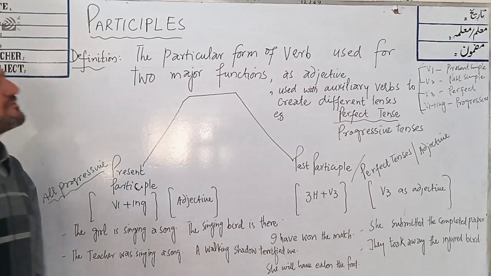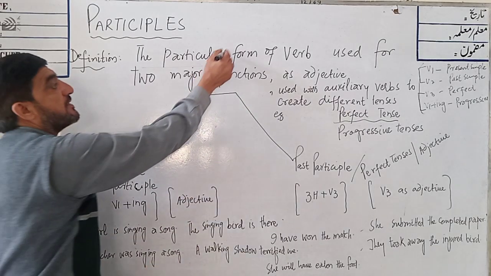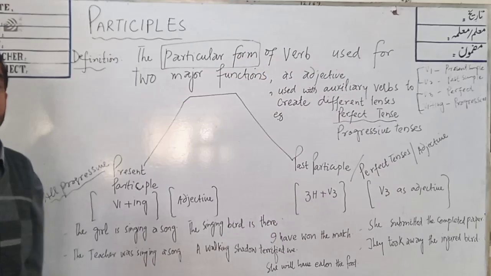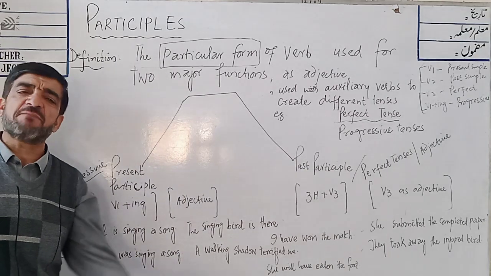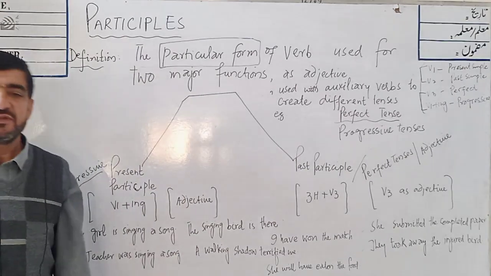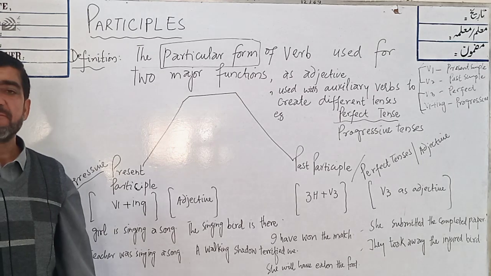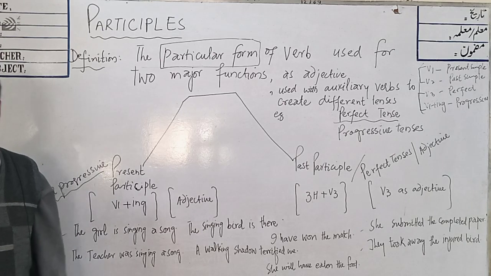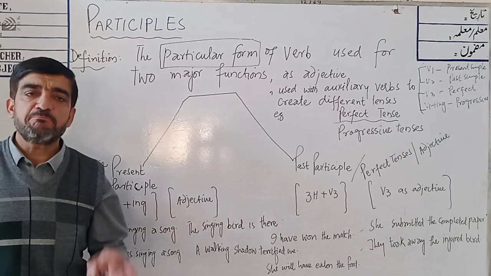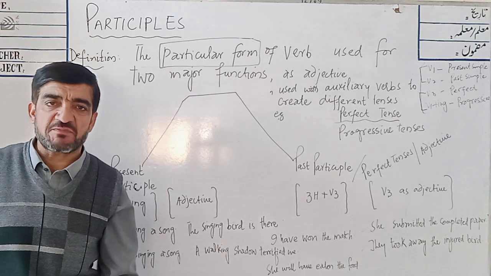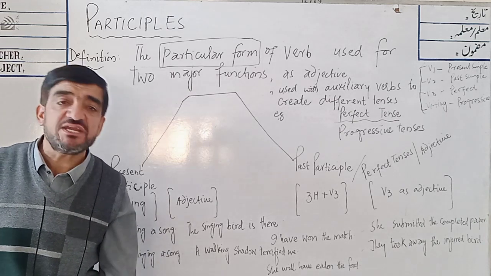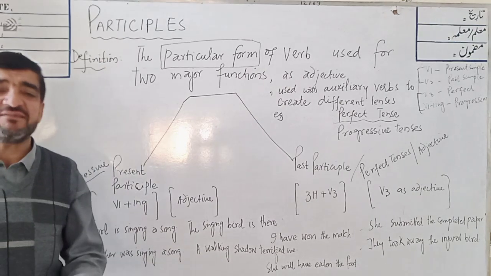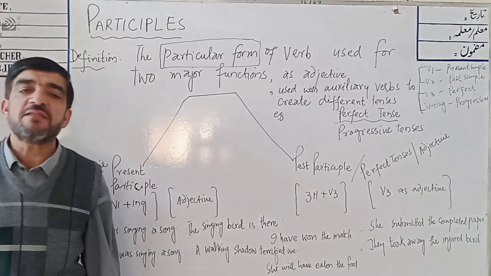The particular form of verb, the main problem is here. The specific form of verb. For example, if I say I am eating a cake, I am using the base form of the verb, the first form of the verb along with ing, but the requirement for V1 plus ing is that there must be a present helping verb.